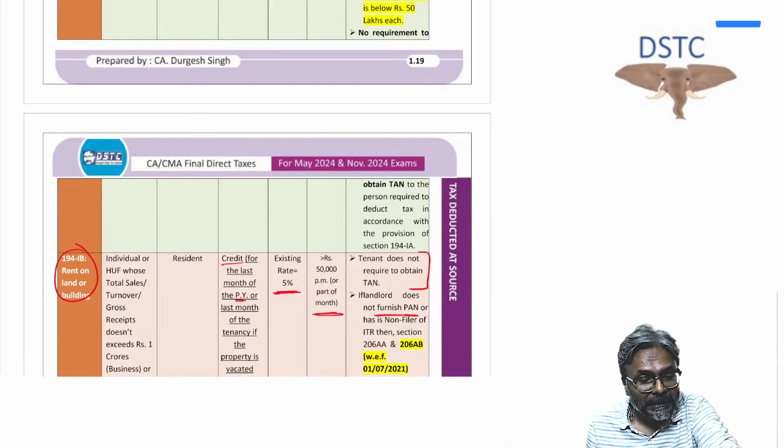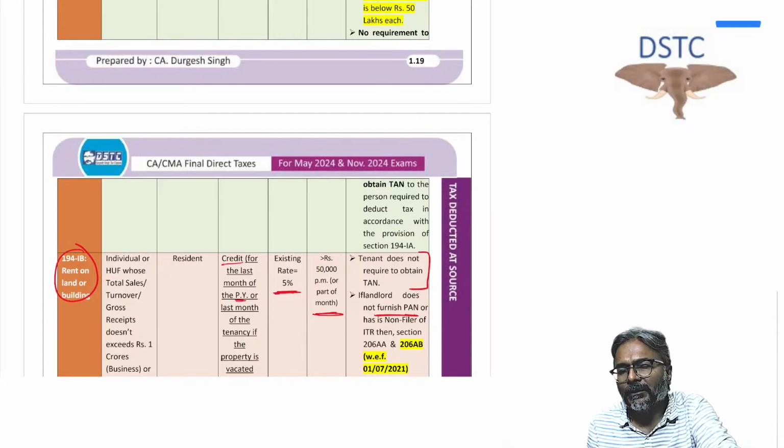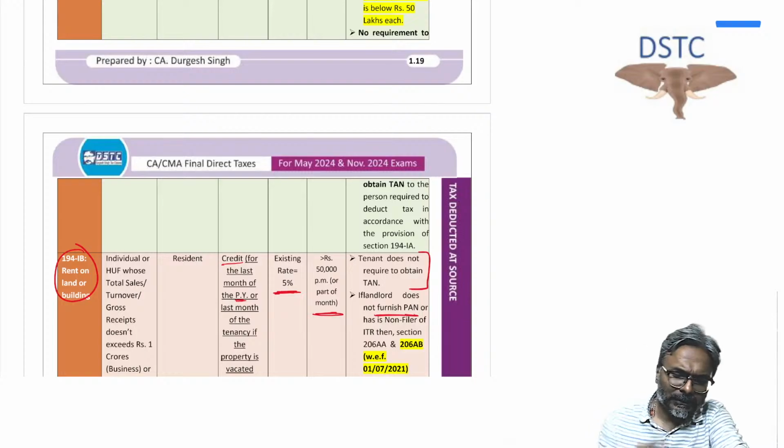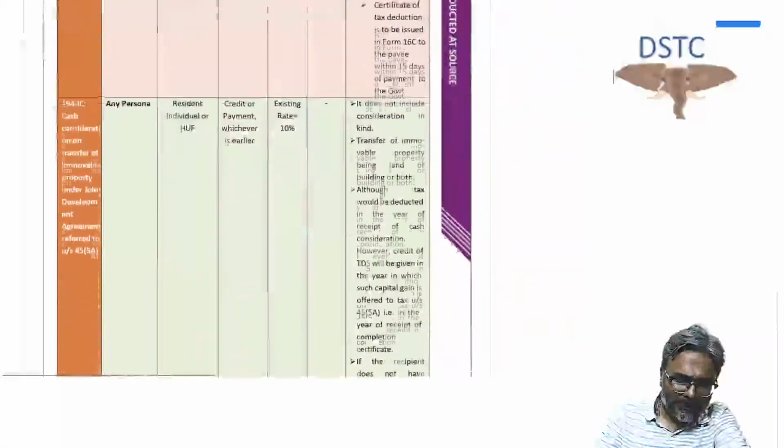So what do you think in this case? Will he be required to get a TAN and then get into the procedural compliance of filing returns and all those things? The answer is no. Those things are absolved. The buyer will not be required to get into all these hassles because no TAN is required for the buyer in this regard.